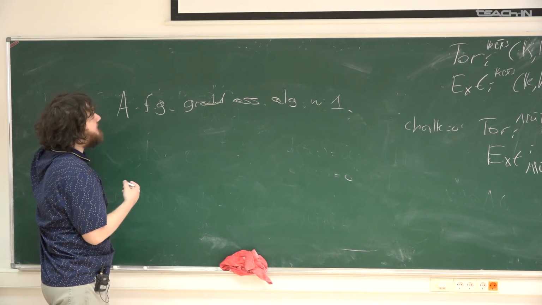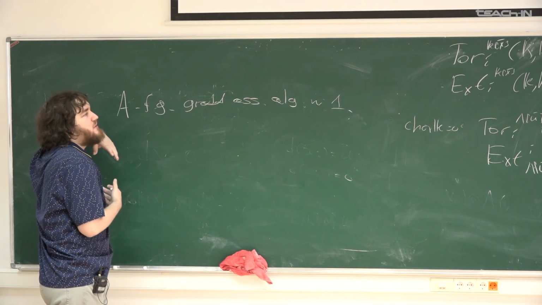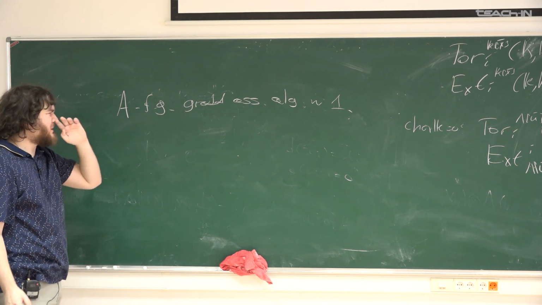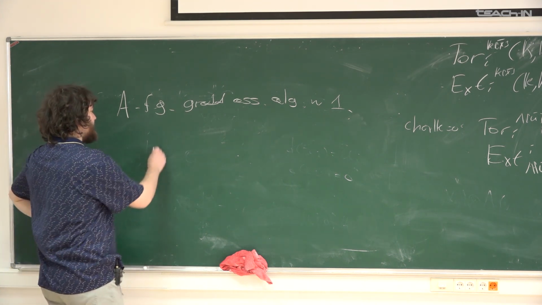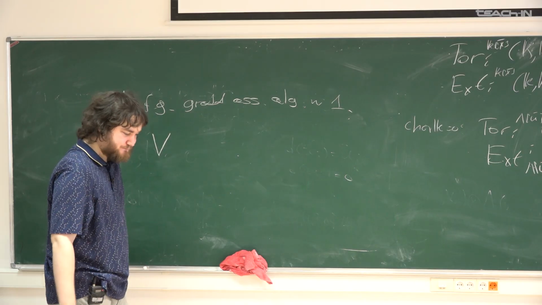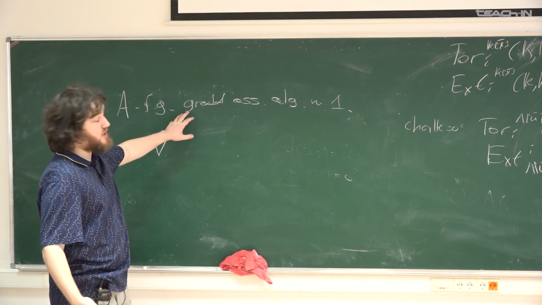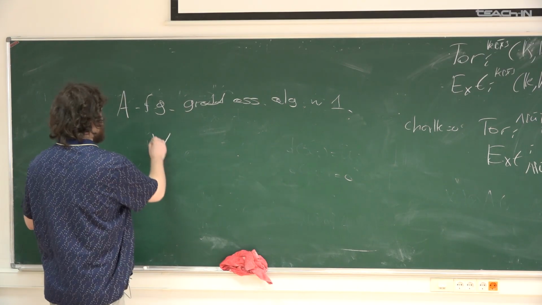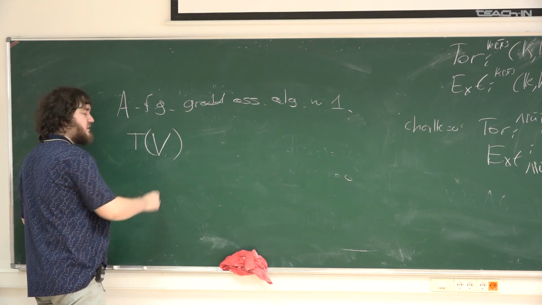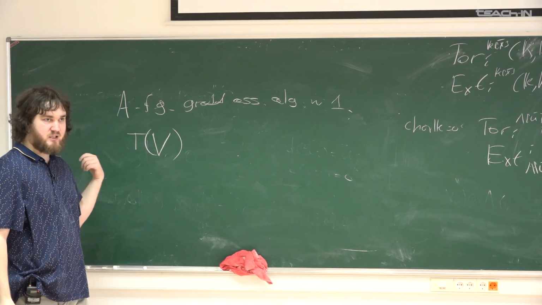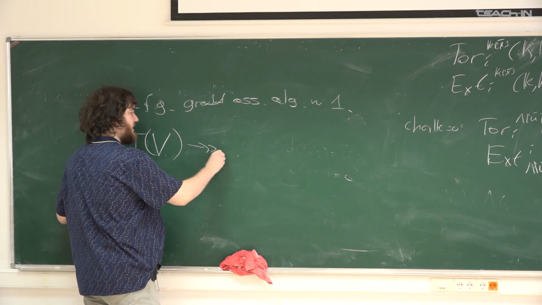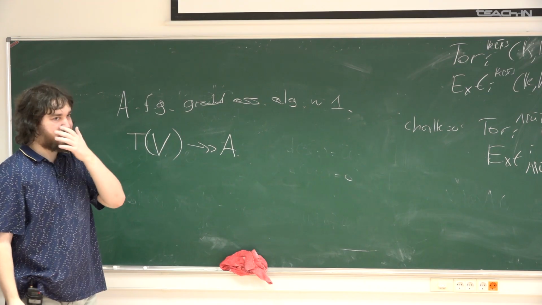This means that I have some graded vector space over k generated by generators, finitely generated for simplicity. And I have the tensor algebra, the free associative algebra on these generators, and a surjection onto my algebra. This means that A is a finitely generated graded associative algebra with unit.